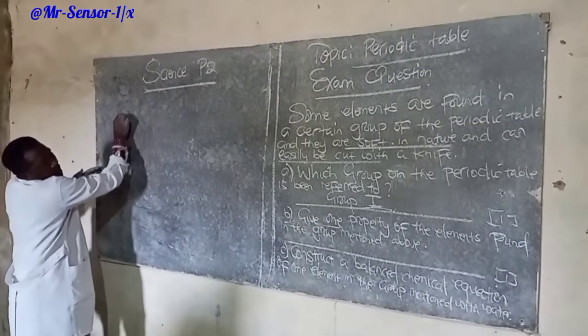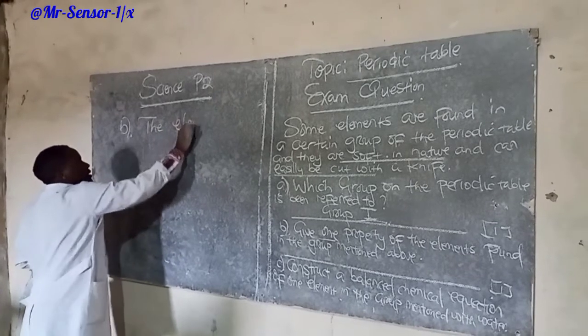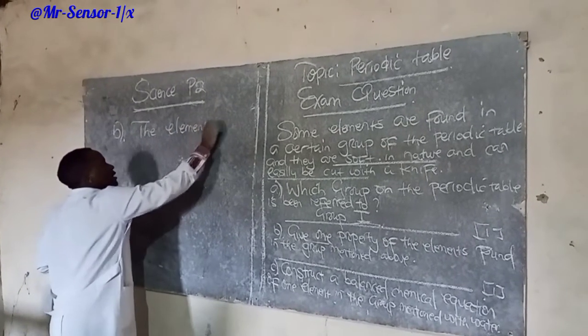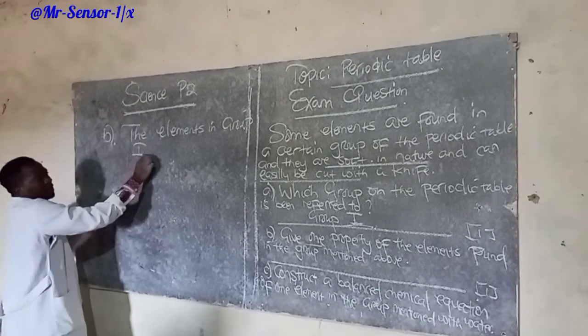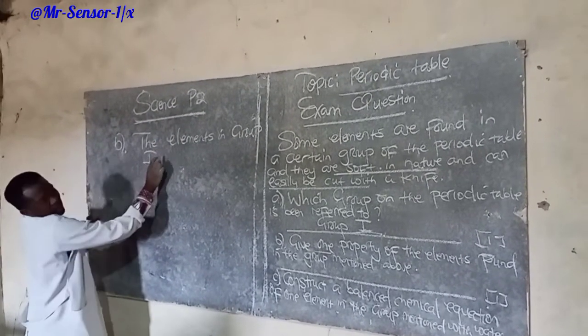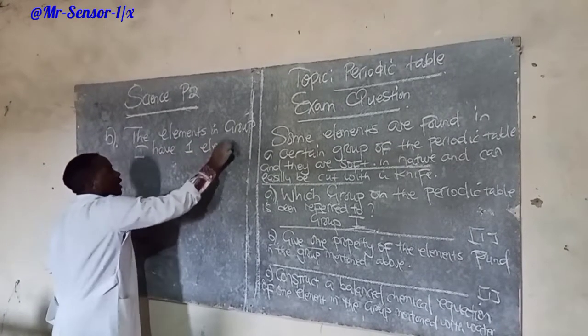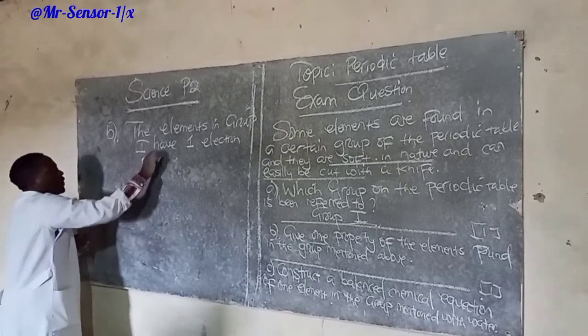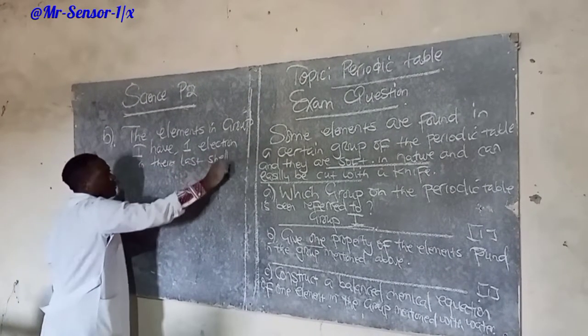So on B, the elements in group 1 have one electron in their last shell. This is a property.